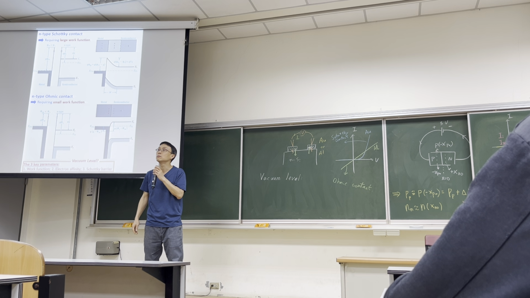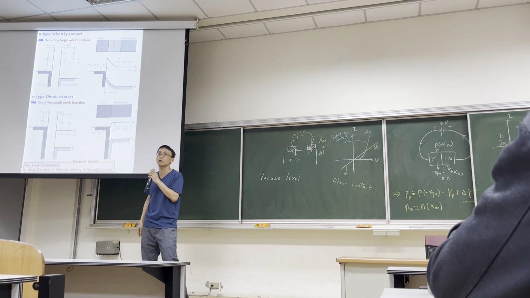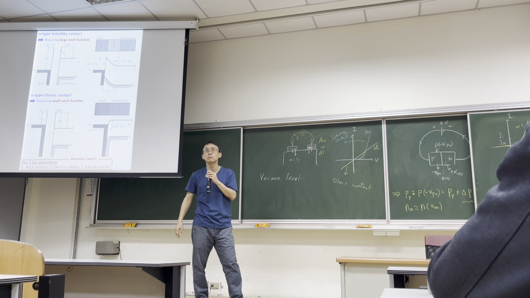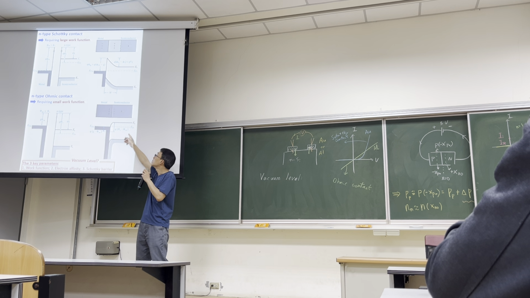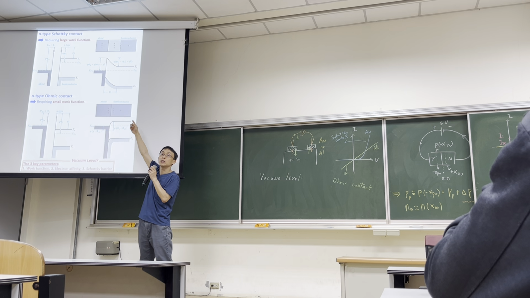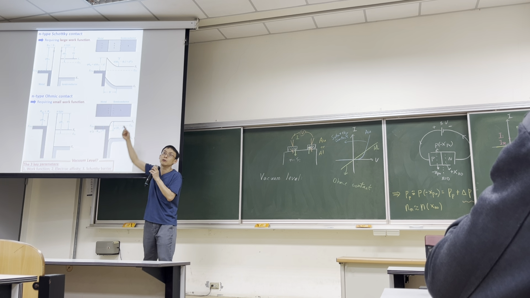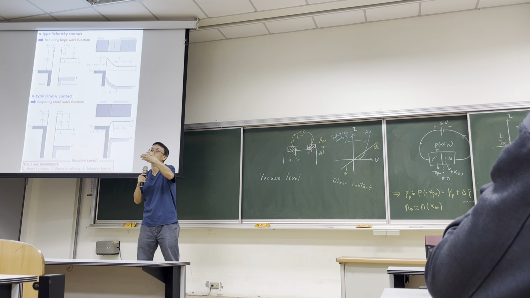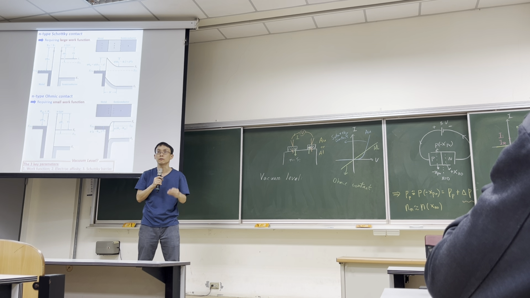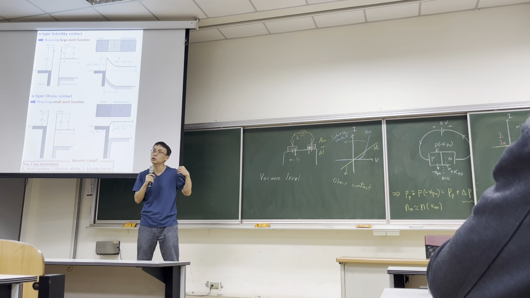Right? Do you agree with me? So the current in the lower case will be larger, and the current in the upper case will be smaller, because the electrons are blocked. For an N-type semiconductor, we only consider the transportation of electrons.